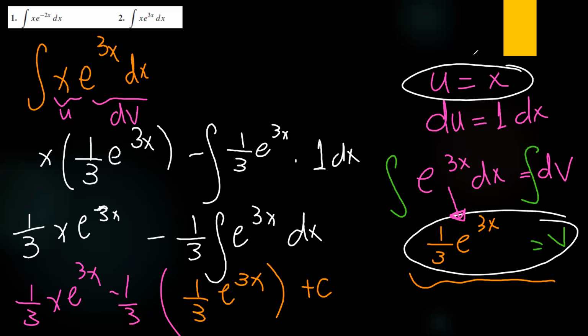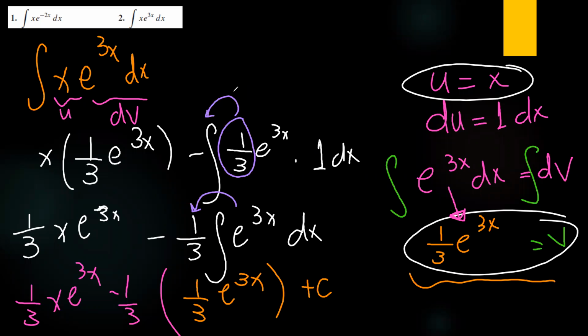Is it clear? Yes, teacher. Where do we get minus 1 over 3? This one? No, the lower one, the pink. Ah, the pink. This 1 over 3, I put it outside. Then I will integrate next time. Why do we have two 1 over 3s? The first time, we integrate e to the power 3x, and its integration is 1 over 3 e to the power 3x.